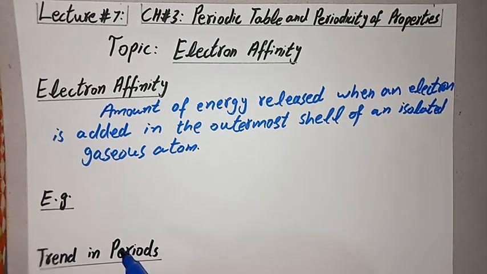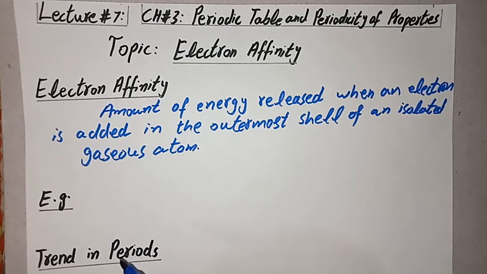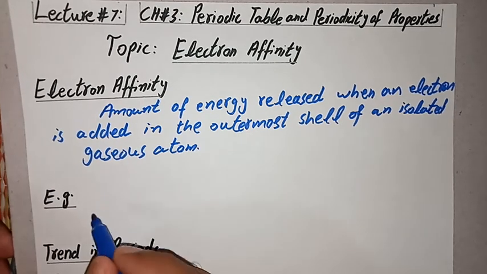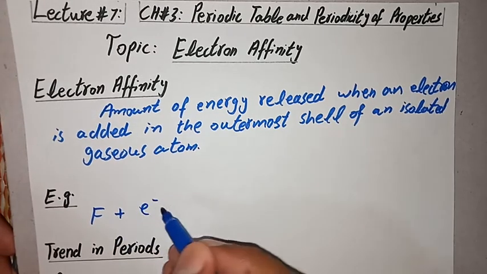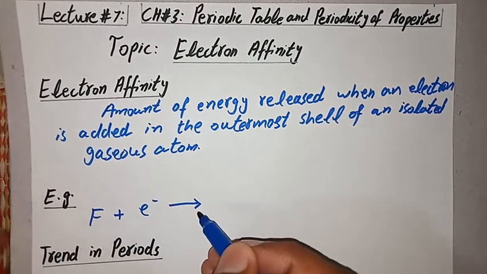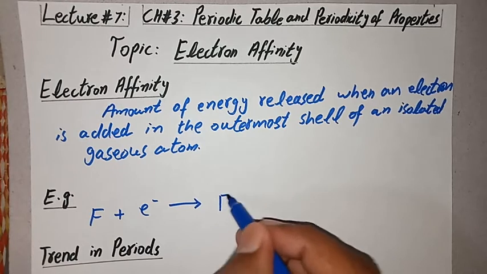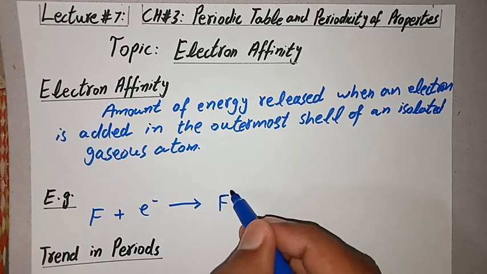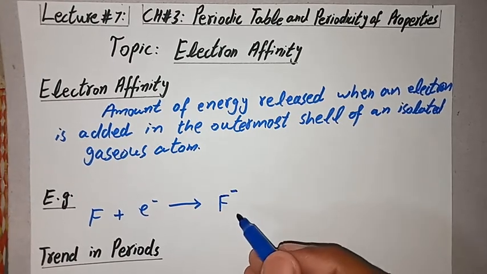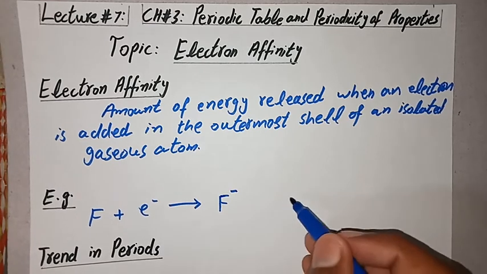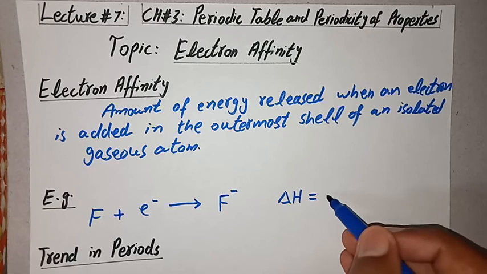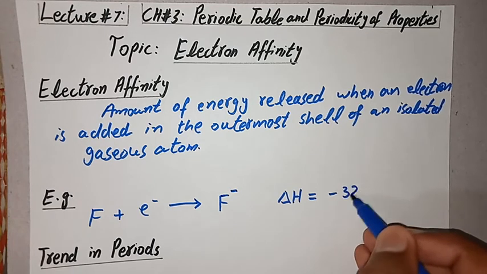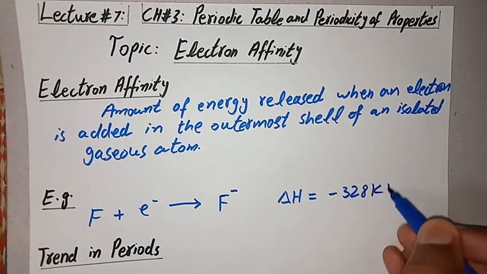For example, if we want to add an electron to a fluorine atom, it becomes a fluoride ion, and the amount of energy released is minus 328 kilojoule per mole.